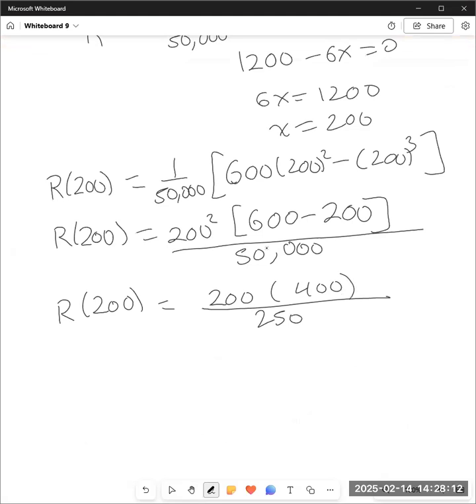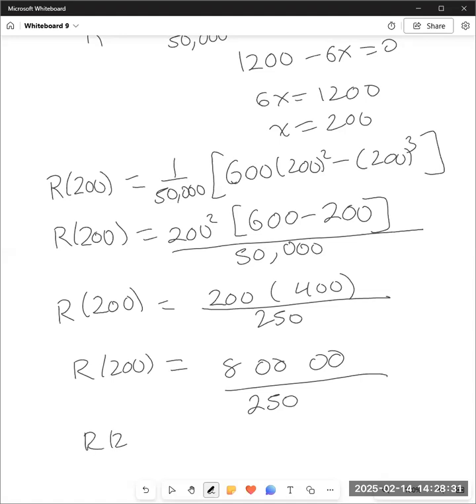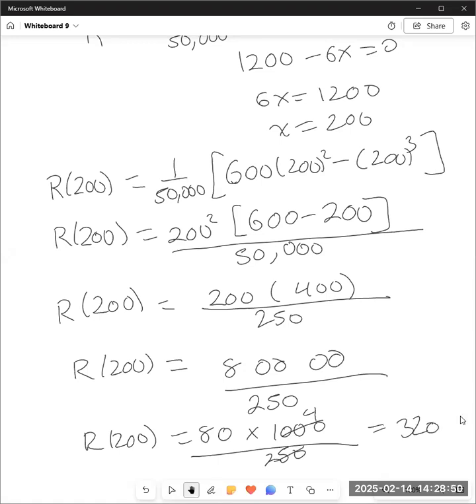So R of 200 is equal to 8 times 80 times 1,000 divided by 250. 250 goes into 1,000 4 times, and 4 times 80 is 320.